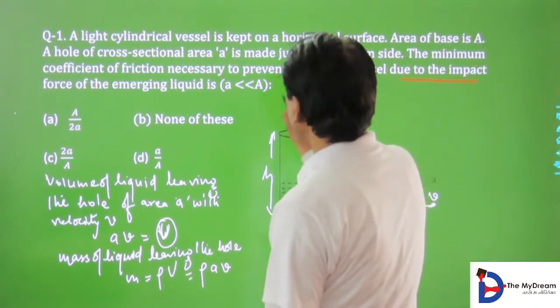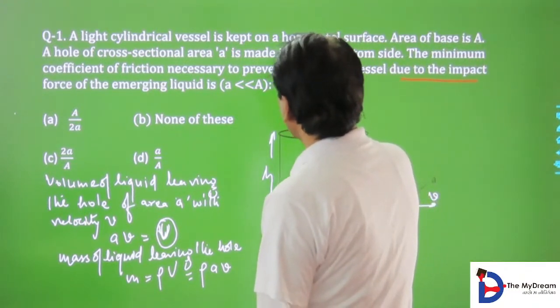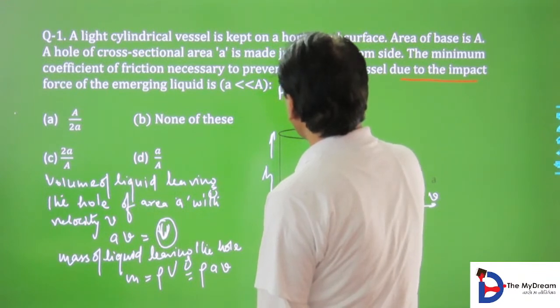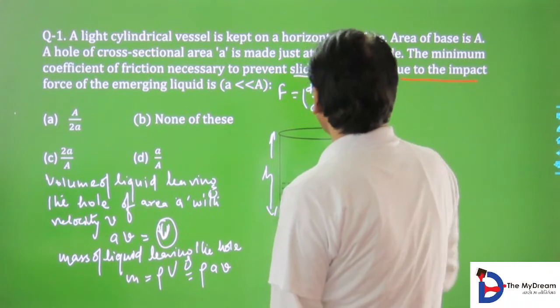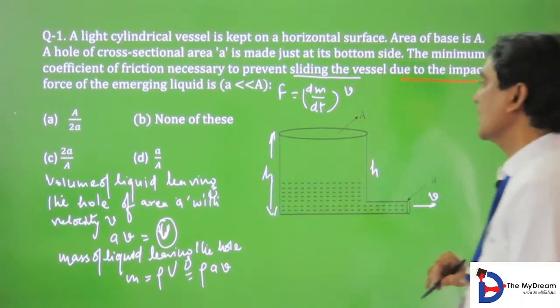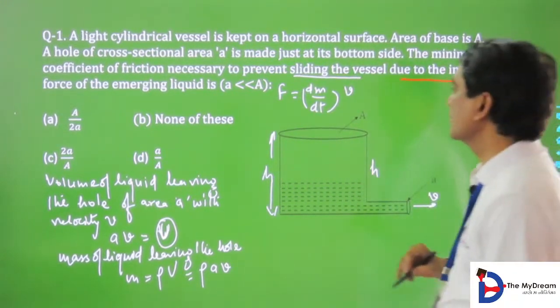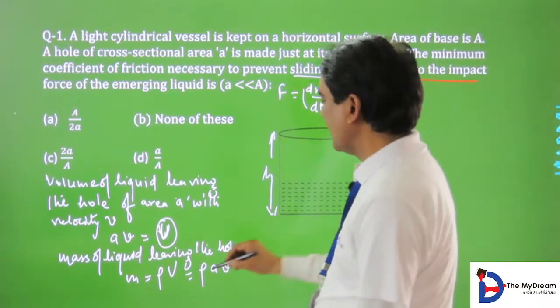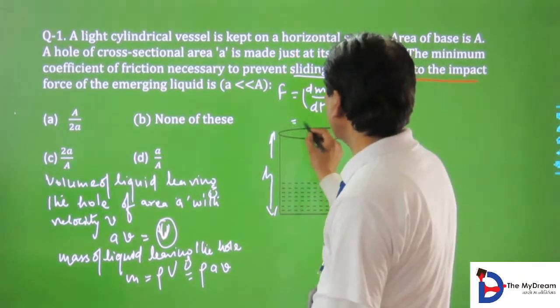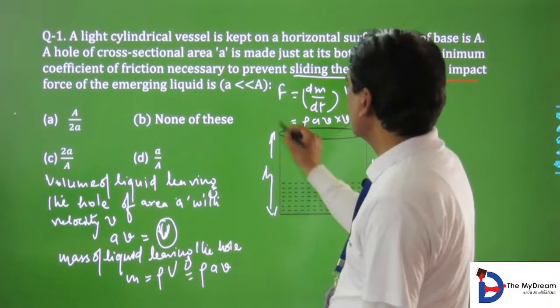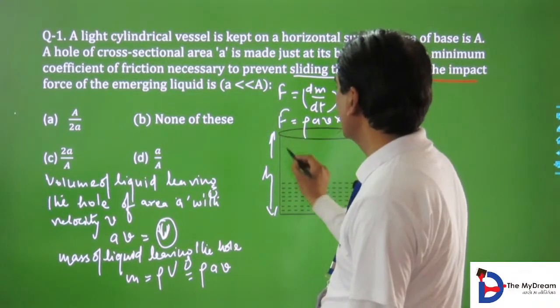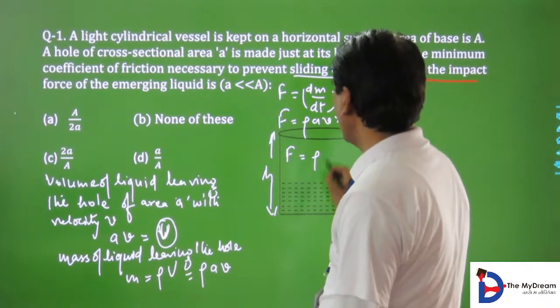The force exerted by the water on the container is given by delta m by delta t into velocity, that is rho a V into V, so that is rho a V square.